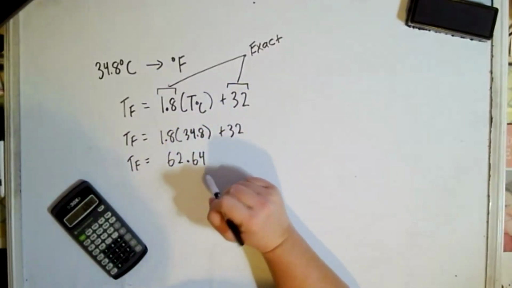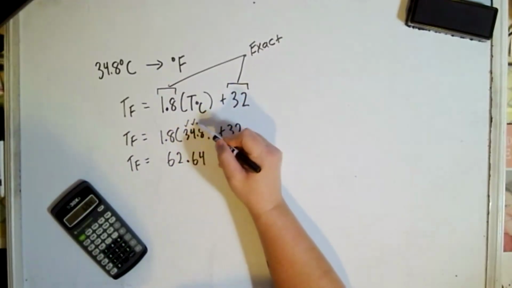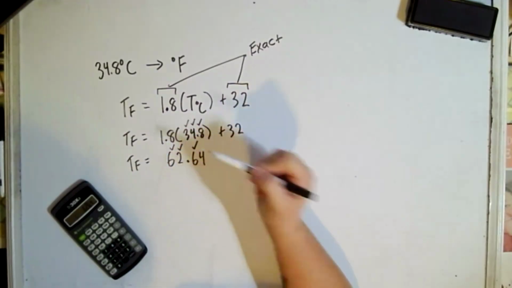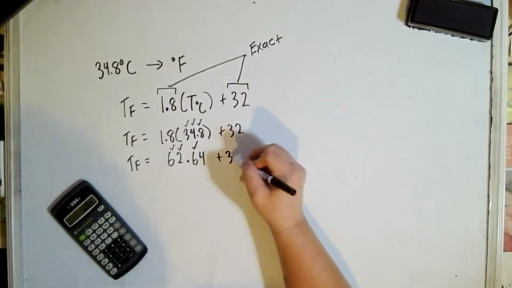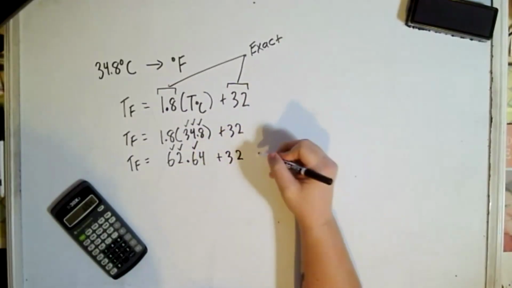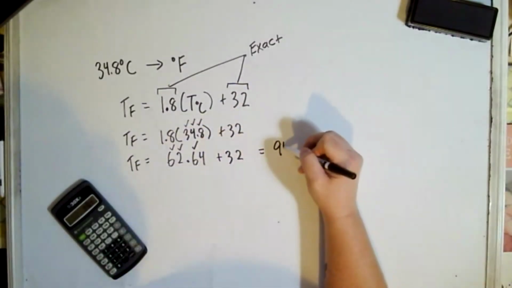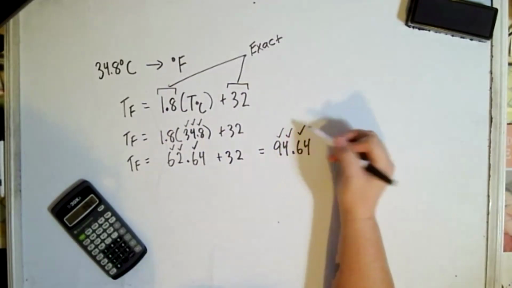I'm writing out all the numbers in my calculator, but I know that I'm focusing on three significant figures, so I'm just going to write everything down until my last step. Now I'm going to add 32, and I get 94.64. I'm going to keep my three significant figures here.